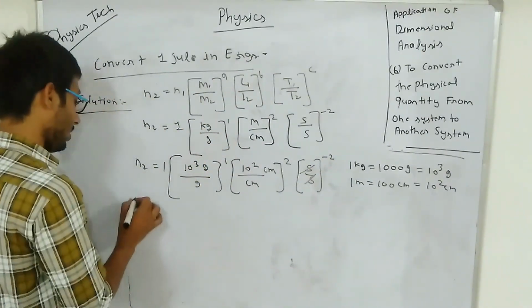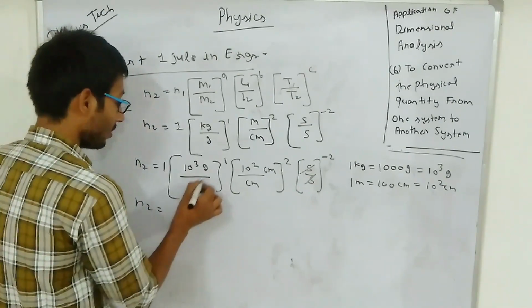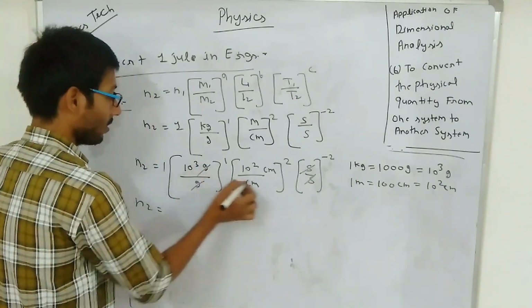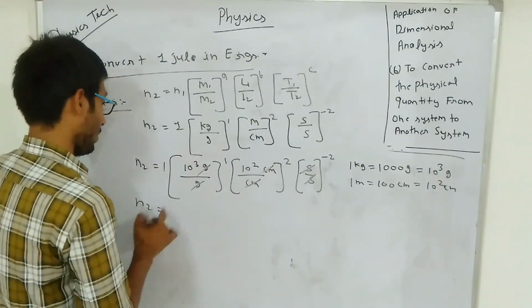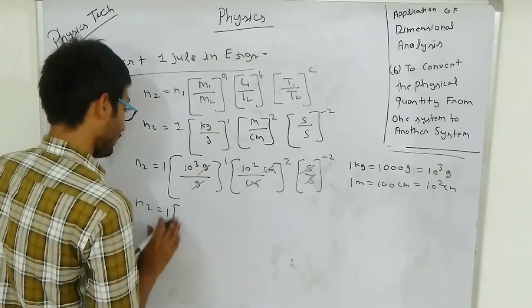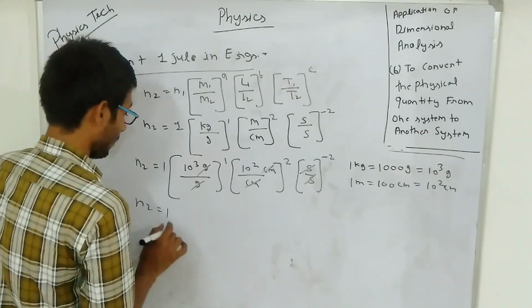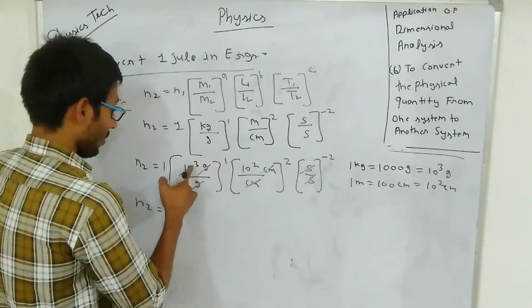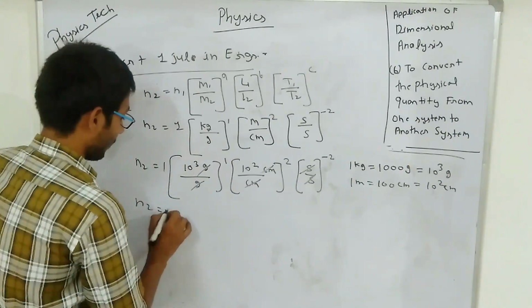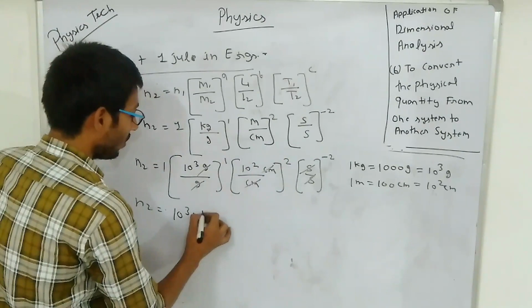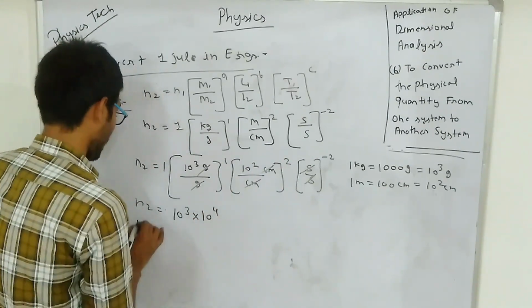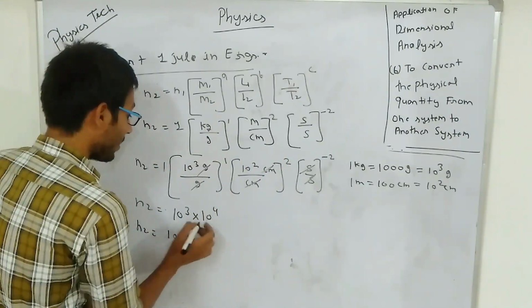Now N2 is equal to 10 to the power 3 into 10 to the power 4, so N2 is equal to 10 to the power 7.